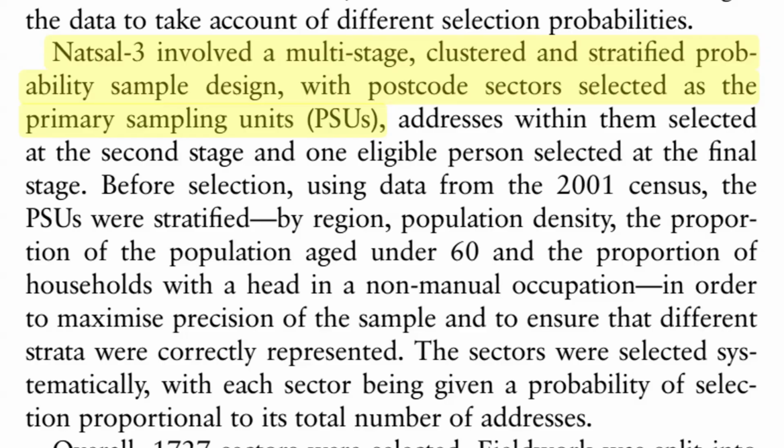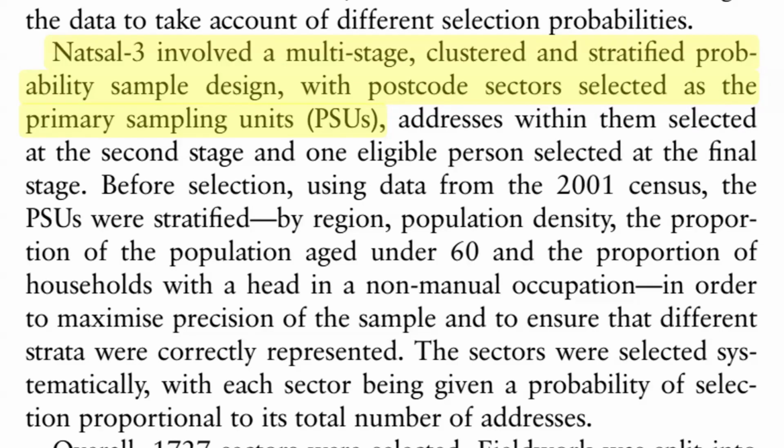So they'll take all the codes that they have, and then they just randomly select from those codes. And then anybody in that code that gets randomly selected, all of them are sent out the census. All of them are included in the sample.